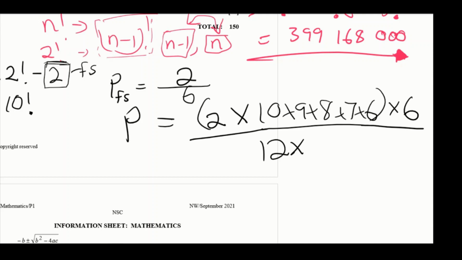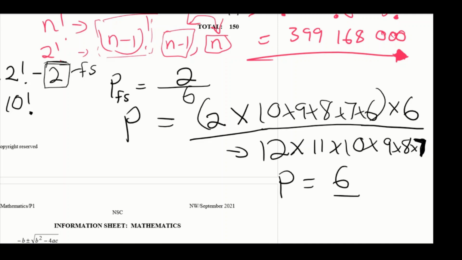So it's 12 times 11 times 10 times 9 times 8 times 7. Remember, we only want 6 contestants. So hence we're going to end at 7. Now the probability of us choosing one contestant from Free State is going to be 6/11. So this is the final answer.